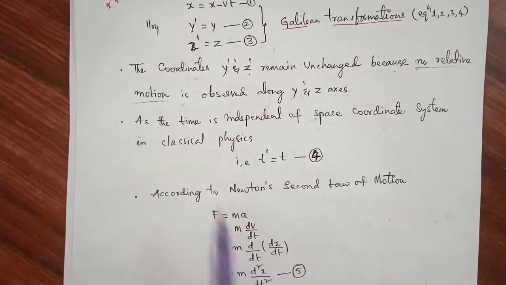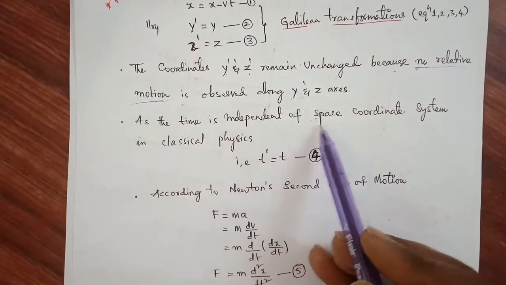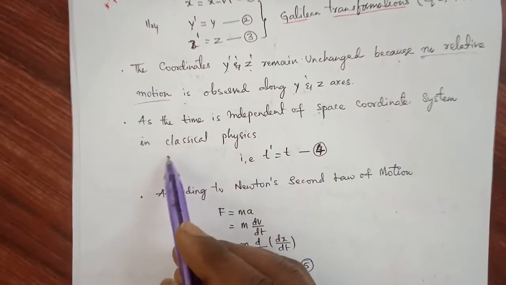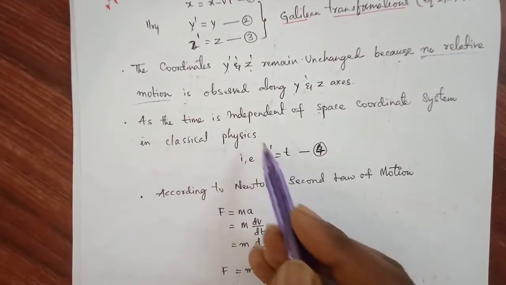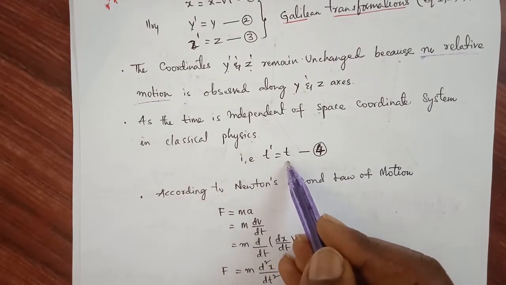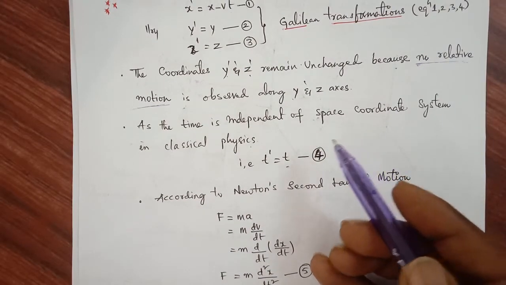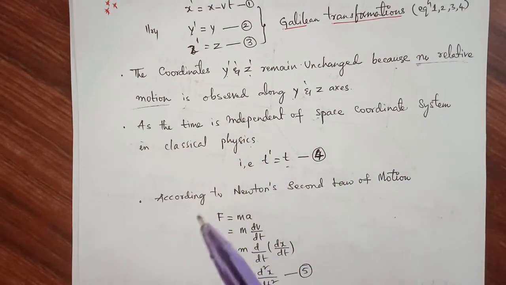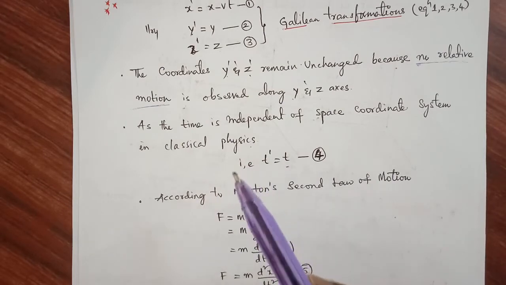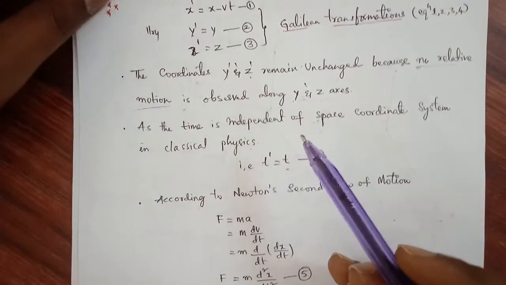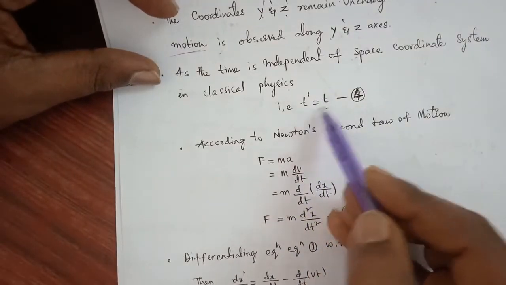Now, as time is independent of the space coordinate system in classical physics, t dash is also equal to t. In classical physics, we don't consider time, we only consider the motion. So this is also equal.